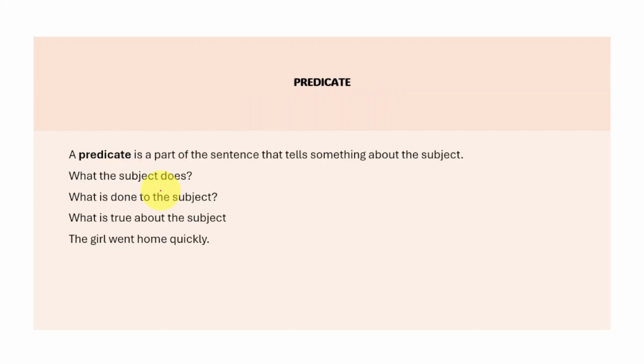Now you're going to hear also about the predicate. A predicate is a part of the sentence that tells something about the subject: what the subject does, what is done to the subject, what is true about the subject.